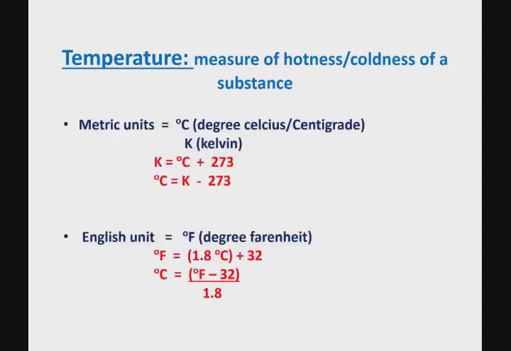Common units of measuring temperature in the metric system are degree Celsius and Kelvin. Please note that the degree sign is very important for the Celsius scale, but there is no degree for Kelvin. It's an uppercase K without a degree sign.